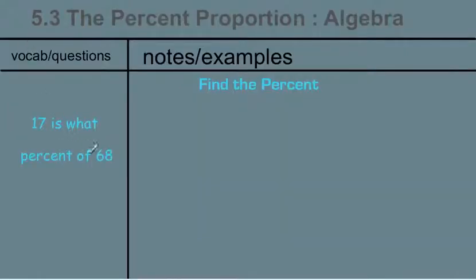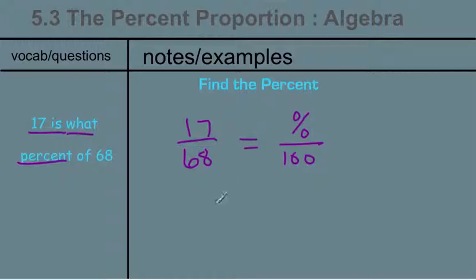17 is what percent of 68? Again, what's the percent that we're trying to find? We have to do percent over 100, and our part is 17, and the whole number is 68. 17 is part of my whole number. I set them equal to each other. I don't know the percent, that's what I'm trying to find.